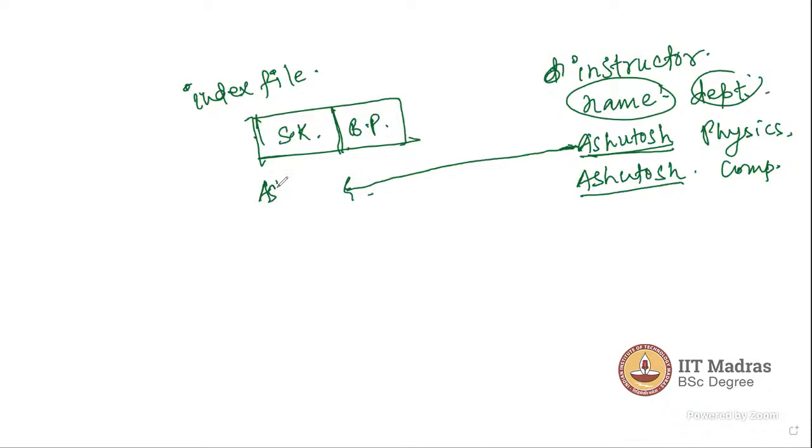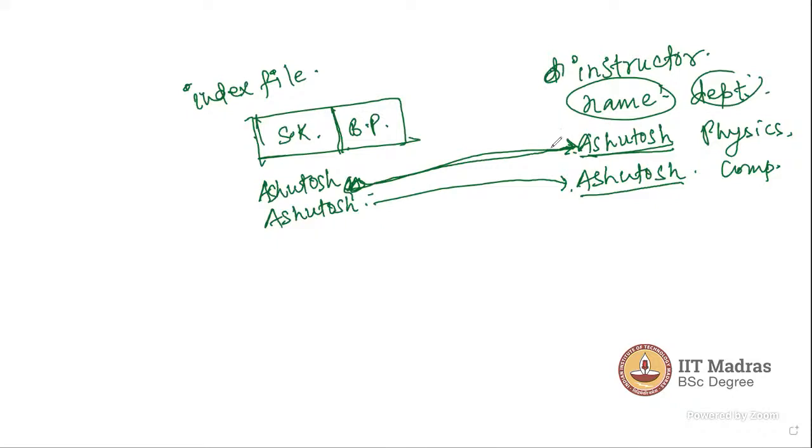The block pointer points to this particular Ashutosh, and the second is also Ashutosh. For that we use secondary indexes, if they have duplicate values. I'm not exactly remembering the name.